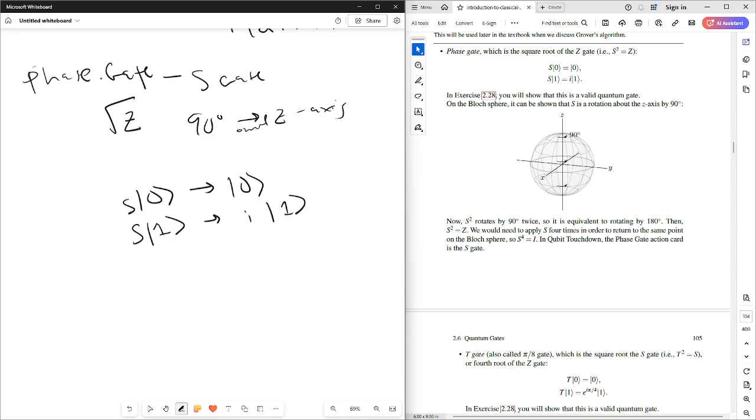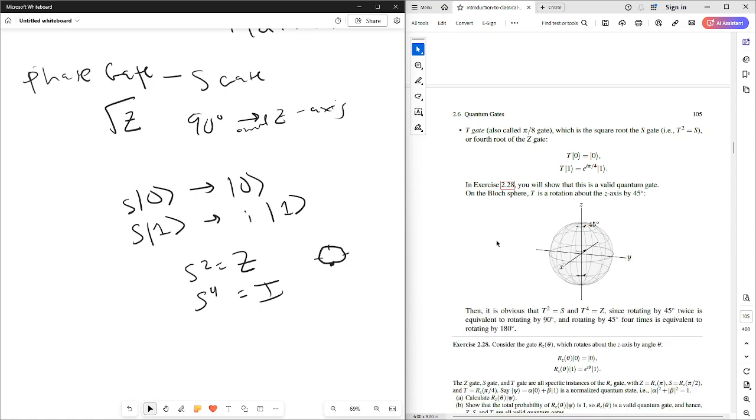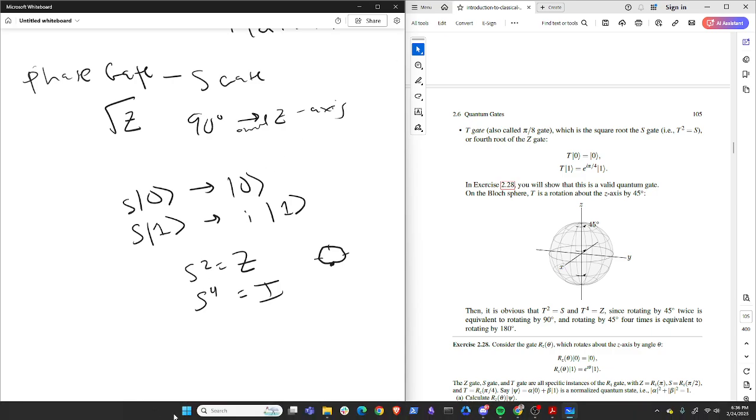So S 2 times is equal to Z. And S 4 times is equal to I. We go around 90 degrees, 90 degrees, 90 degrees, 90 degrees, boom, we're back. The T gate, the fourth root of the Z gate, which is a 45-degree rotation around the Z axis.